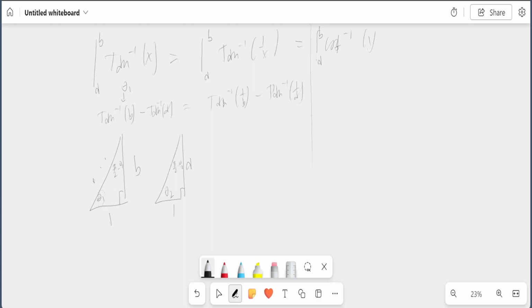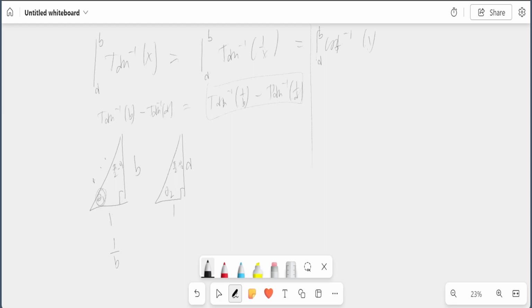Sorry, I swear I know how to do this. Okay, I need to look at this side so I know what I'm doing. So what we want is tangent inverse 1 over b, right? Well, we want to get theta 1 out of our tangent inverse function.